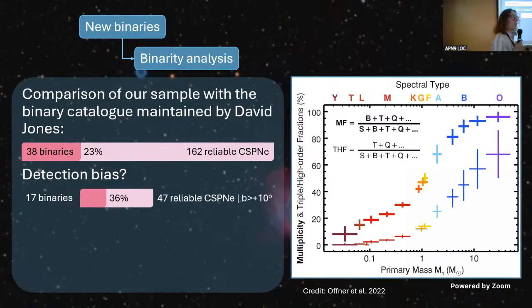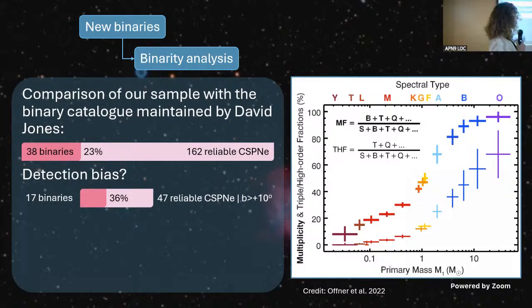And we've performed a binary analysis on our sample on the basis that it should have a different set of biases to conventional samples which are analyzed for binarity. And we find, in the complete sample, 23% of our sources being binaries. But we also note that if you're looking specifically at objects which are outside of the galactic plane, David Jones's catalog has 22 such objects, 16 of which are north of the galactic plane, which is probably more than you'd statistically expect.